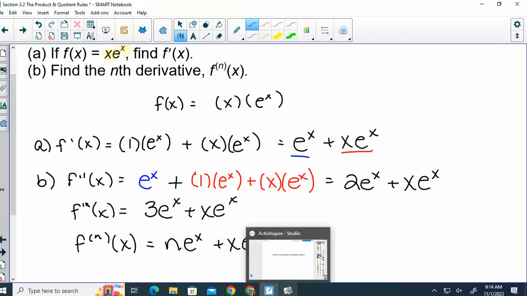So we just had to do a few derivatives until we could see a pattern. And we can go from there. Questions on that one?